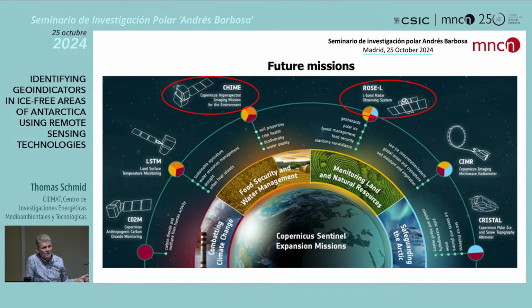At the moment, it's just available as an experimental sensor. But these sensors will obtain data in continuous. It means that they'll be taking data of the whole surface of the Earth. And the same with the radar.